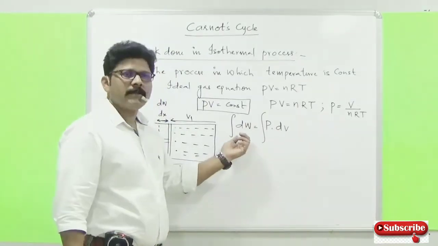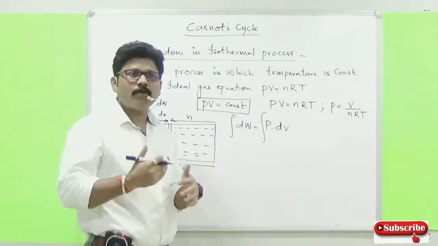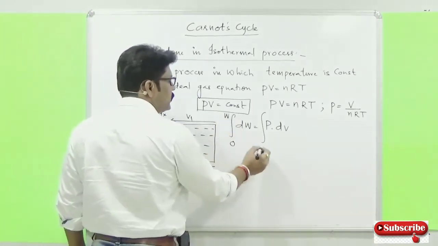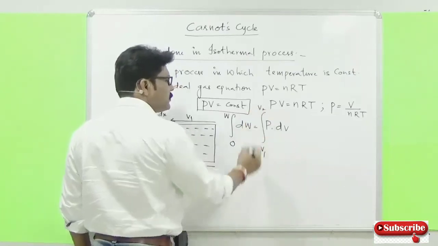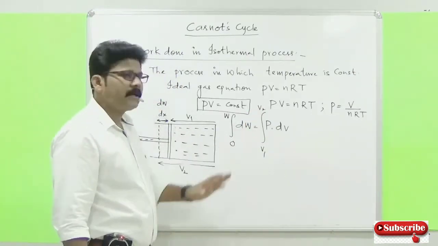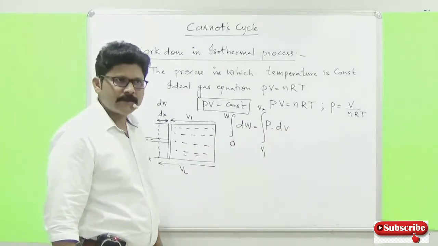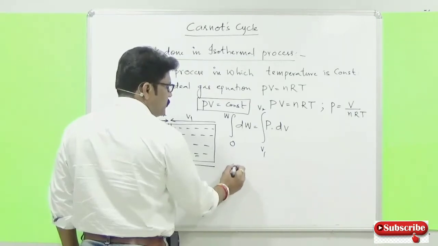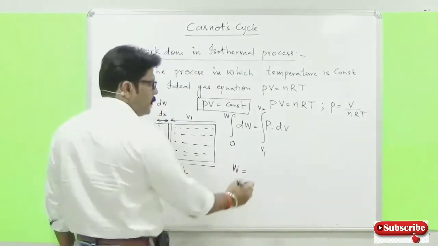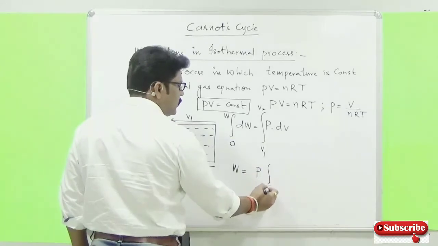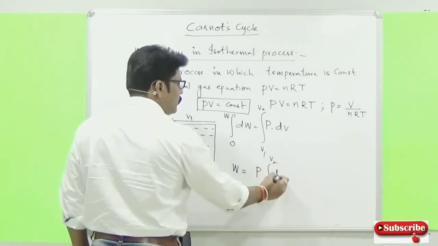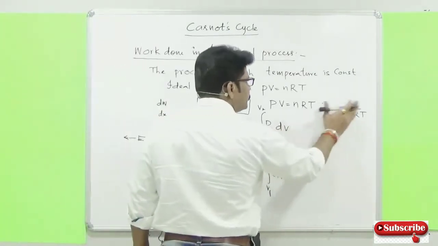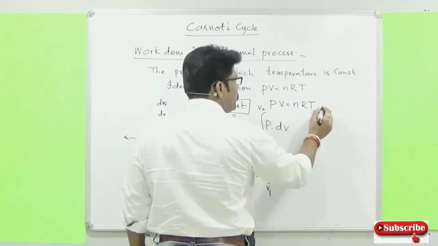I have a small work done, but I need the total work done, so integrate W from 0 to W and volume from V1 to V2. Now take the pressure outside as it is constant. So the integral of dW gives W equals P times the integral of dV from V1 to V2. There is a small change. So see, what is it here?